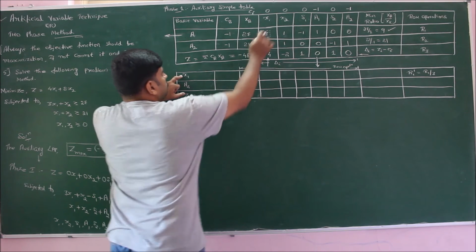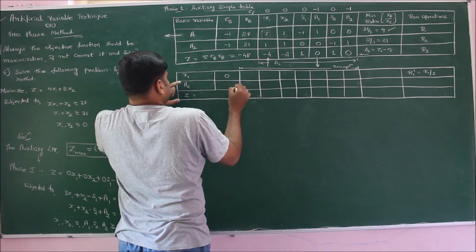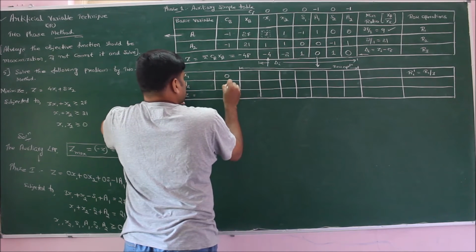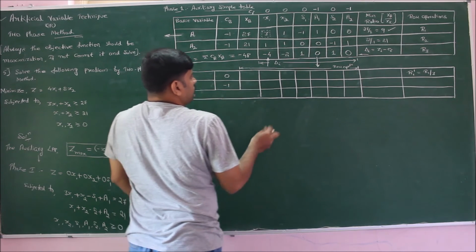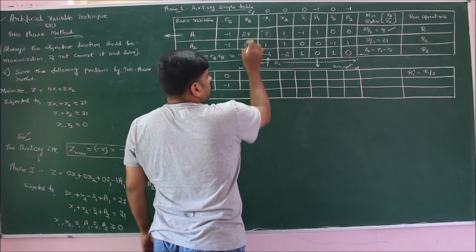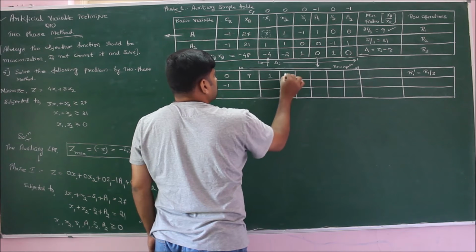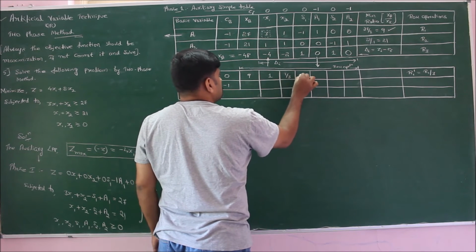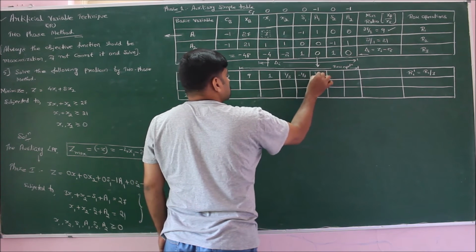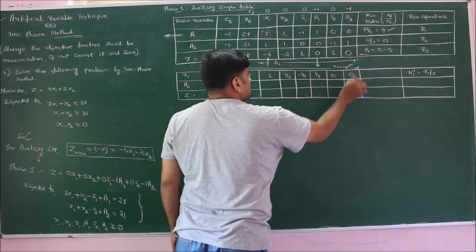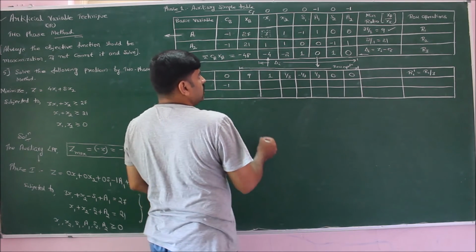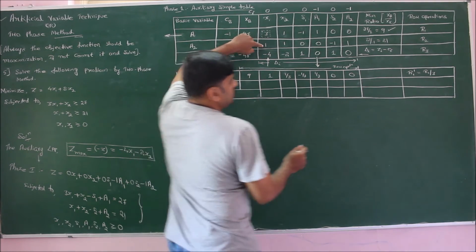Now the coefficient of x1 is 0, the coefficient of a2 is -1. Now performing the row operation, 27 by 3 is 9, 3 by 3 is 1, that is what I require. Here I will get 1 by 3, minus 1 by 3, 1 by 3, 0 and 0. Now I should make this 0.